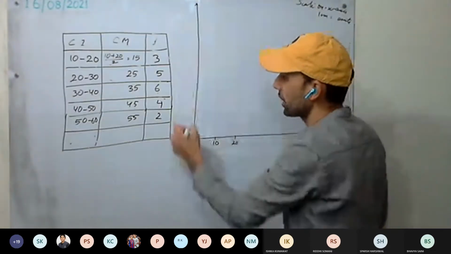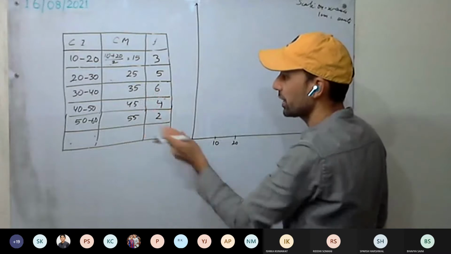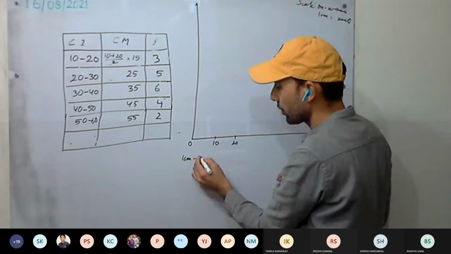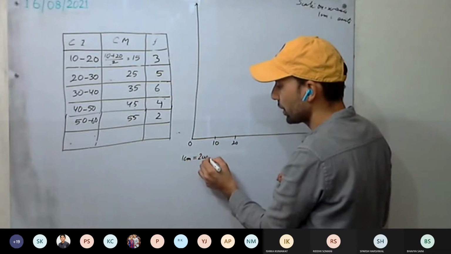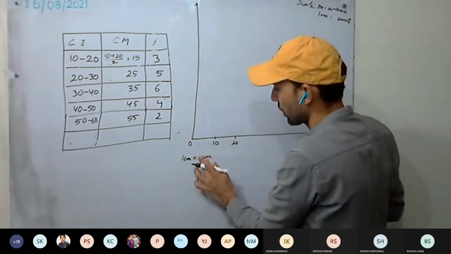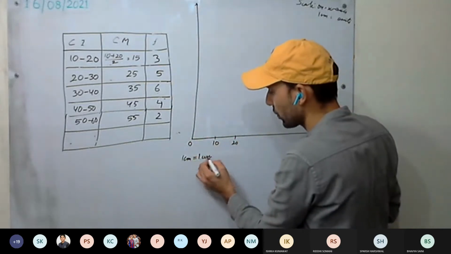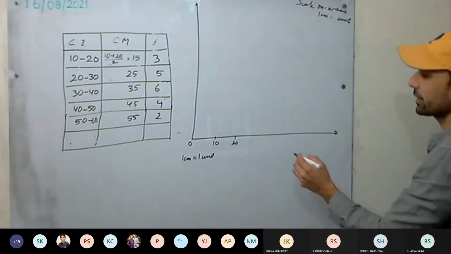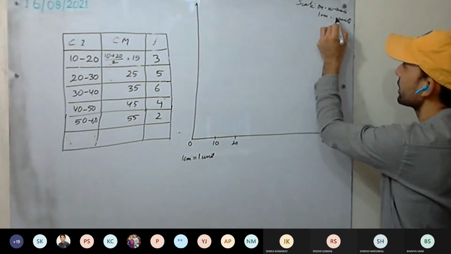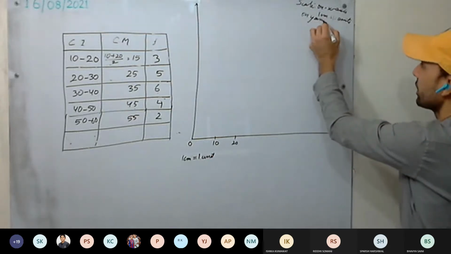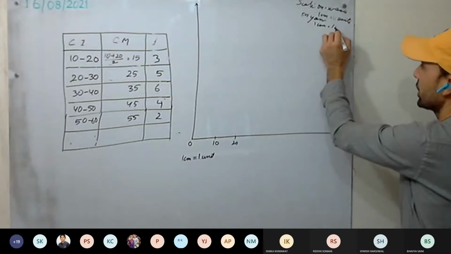So how are we going to take the scale? You can take 1 centimeter as 1 unit, or 1 centimeter as 2 units as well. You will require 12 centimeters. I am taking 1 centimeter as 1 unit on the y-axis, and on the x-axis I am taking 1 centimeter as 10 units.